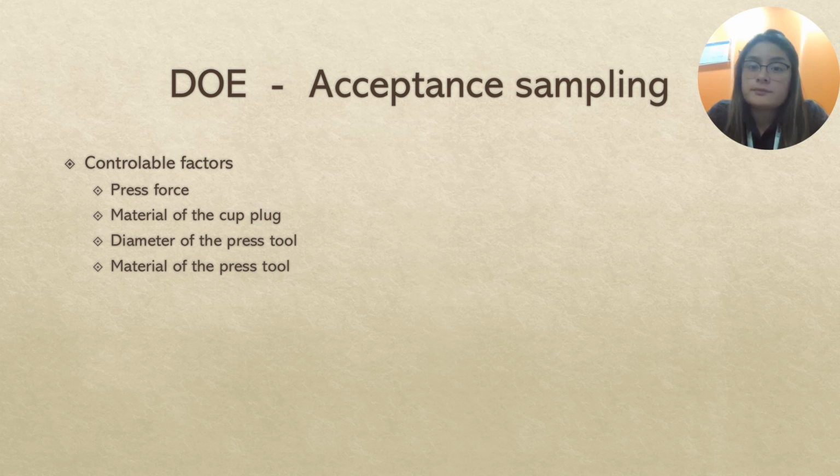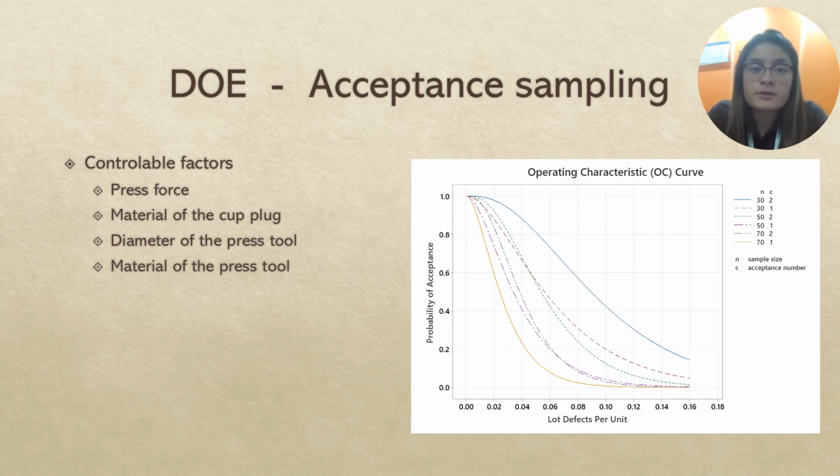And the other tool for this project is the acceptance sampling technique that we need to review. I'm showing you the operating characteristic curve just to know if the sample size is okay, and also the acceptance number. Currently, we have a sample size of 30, and the acceptance number is 1, but I wanted to review how it would behave if we change those numbers.